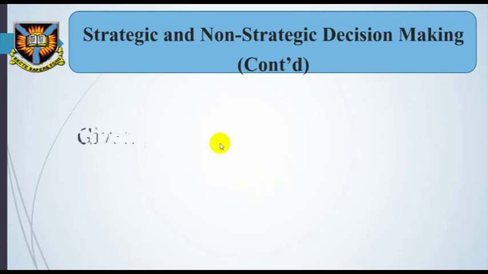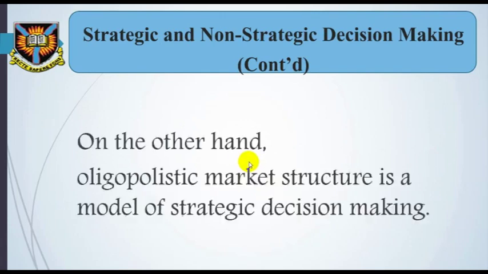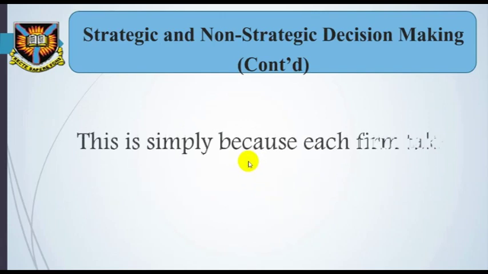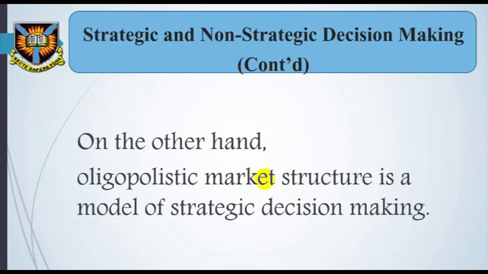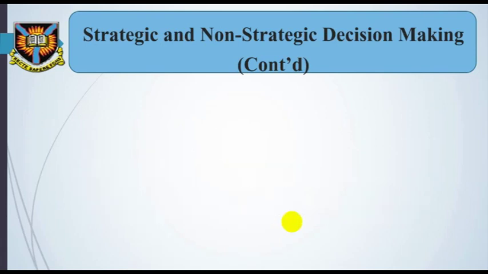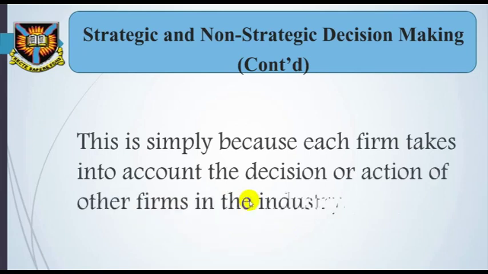Given prices and income, each consumer acts entirely on its own without regard for the behavior of others. On the other hand, oligopolistic market structure is a model of strategic decision making. This is simply because each firm takes into account the decision or action of other firms in the industry.